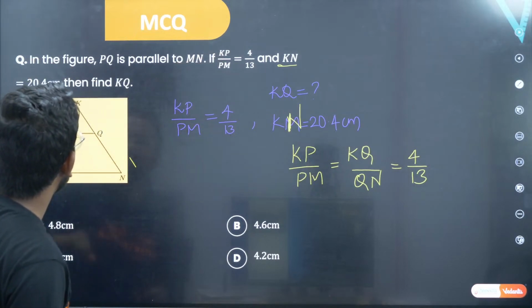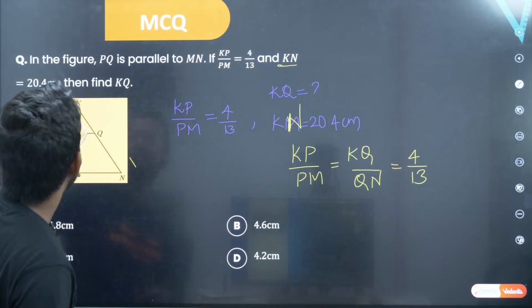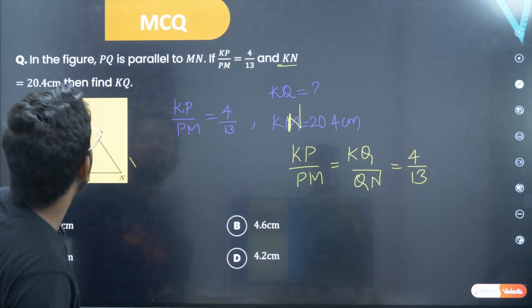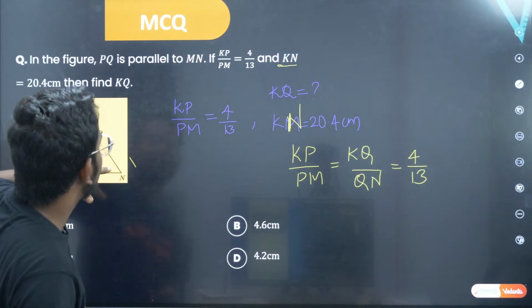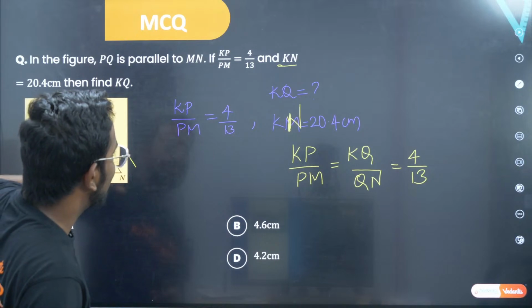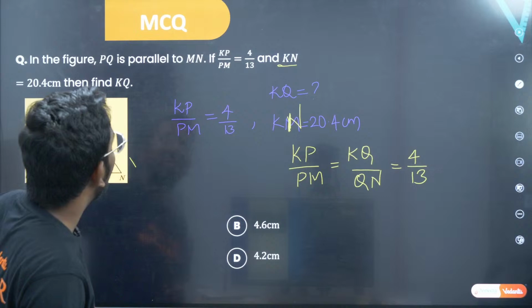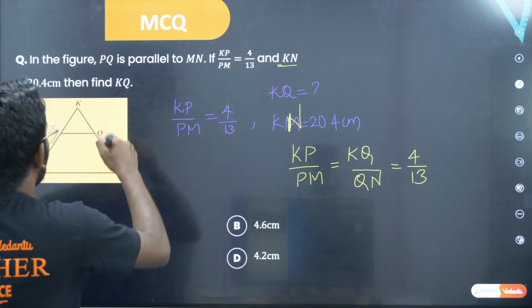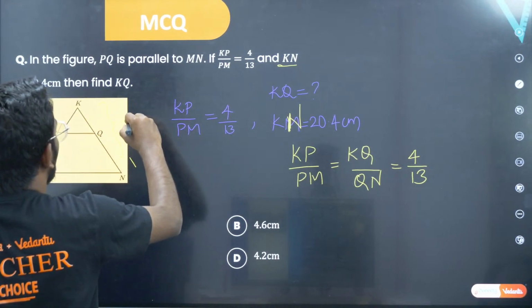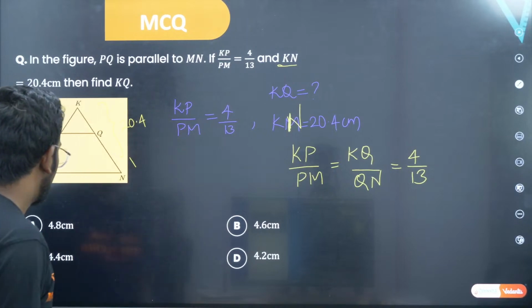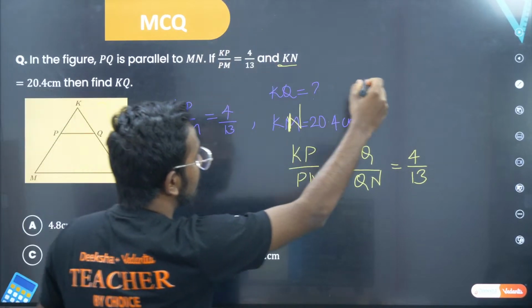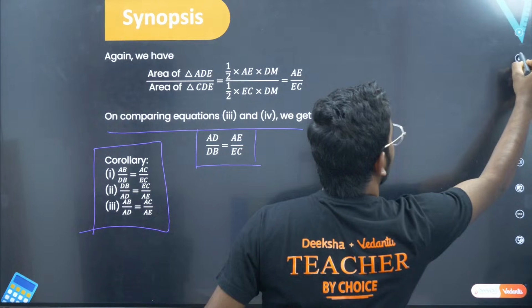Adding KP and PM, this part can be added to KQ to get KN. The whole thing they have given is 20.4. Let's try to get it right. Give me a second.